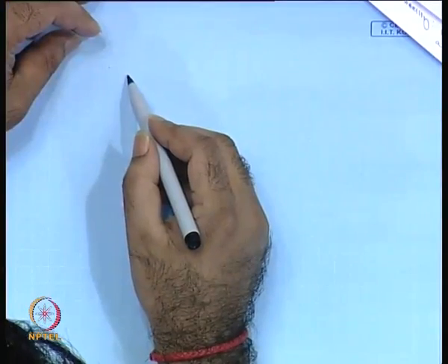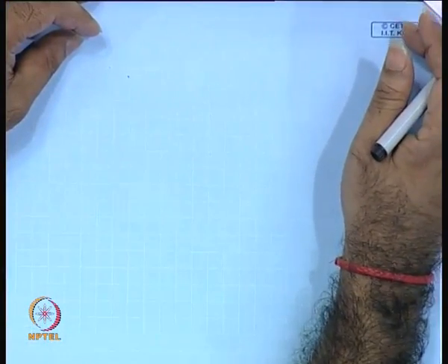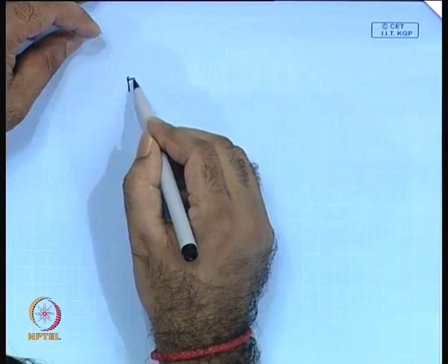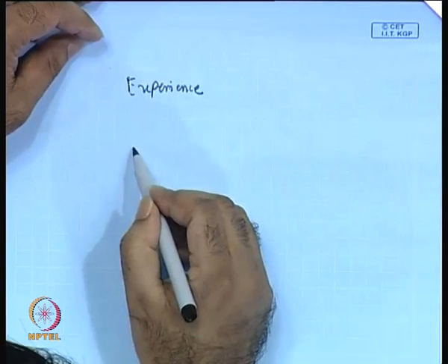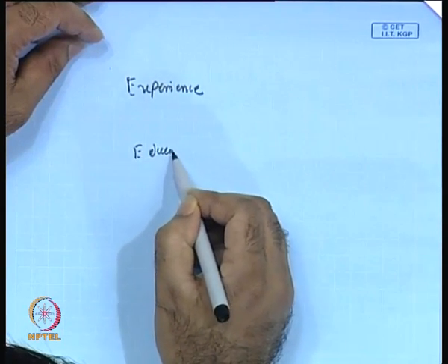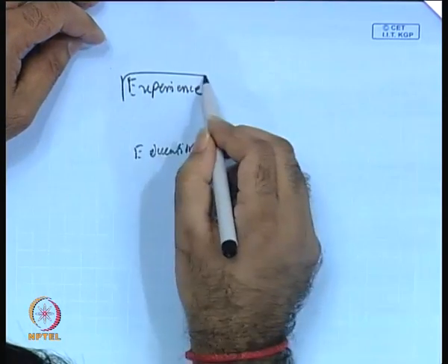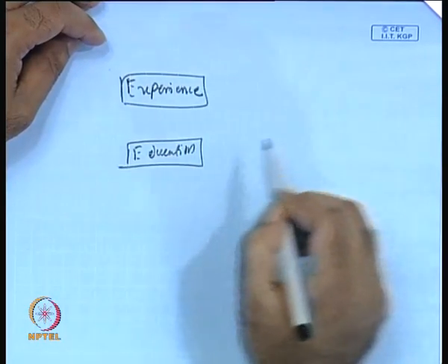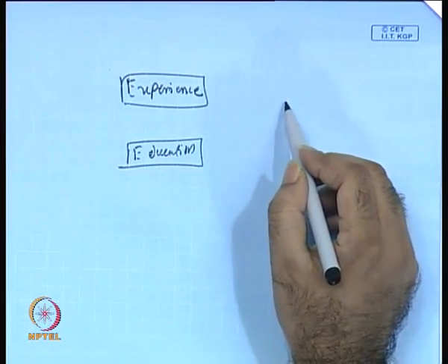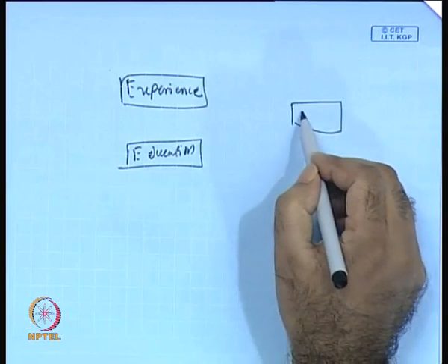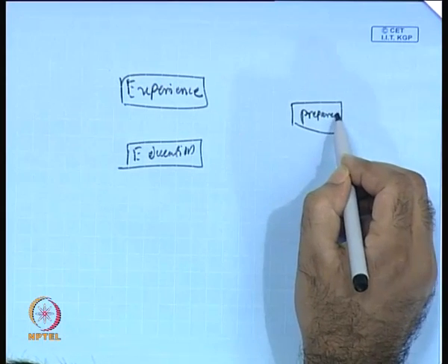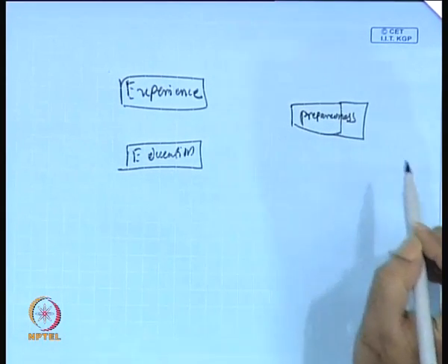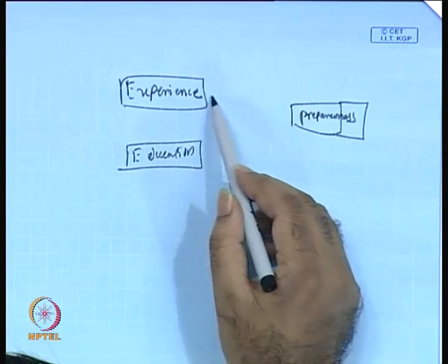I will take two variables: experience is one variable, and another variable is education. I will assume these two are independent variables. Then I will put in the component called preparedness, which is another variable.